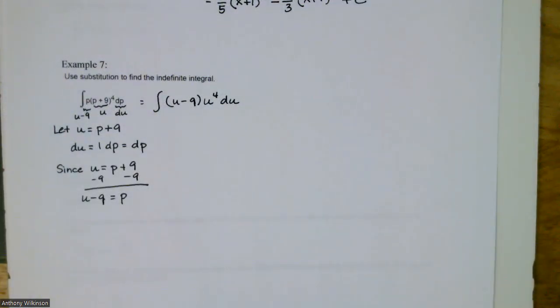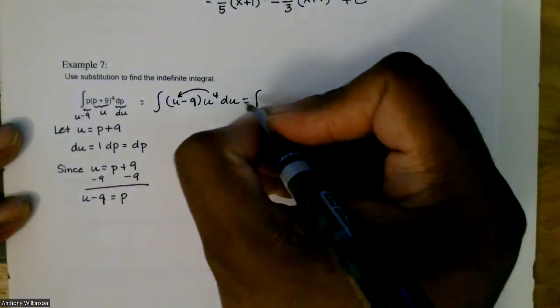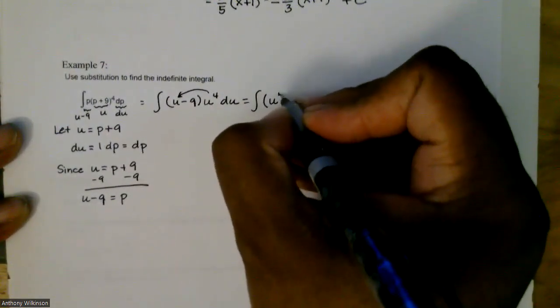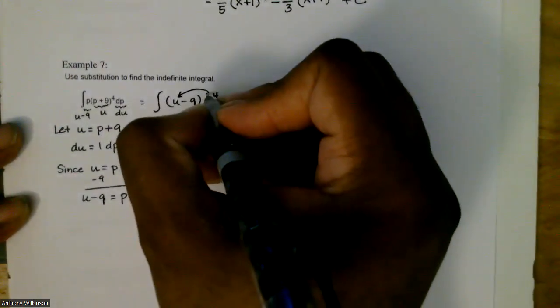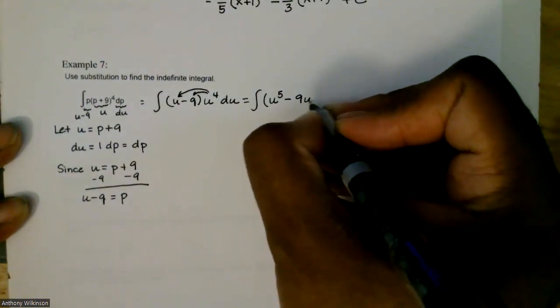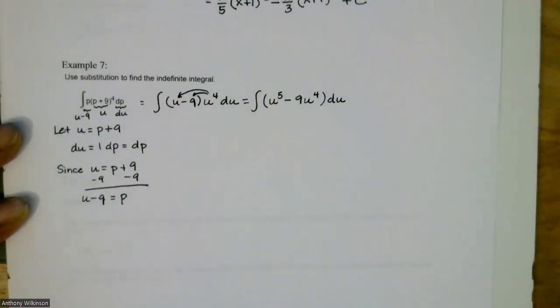Now, in this case here, we can use the distributive property. So distribute the u to the 4th over the u minus 9, you're going to get this. The integral of u to the 4th times u to the 1st, that would be u to the 5th. And then u to the 4th times the minus 9 would be minus 9 u to the 4th, times du.